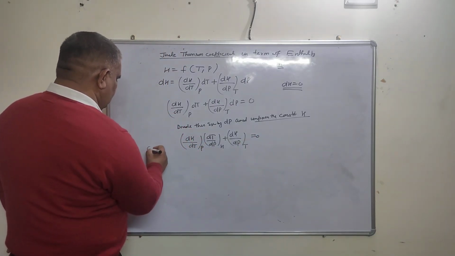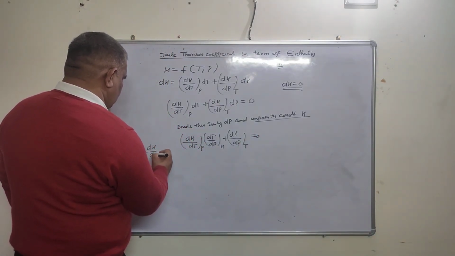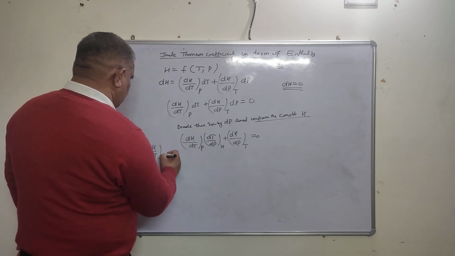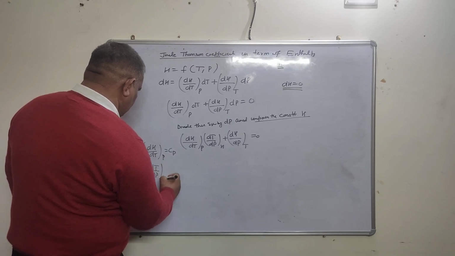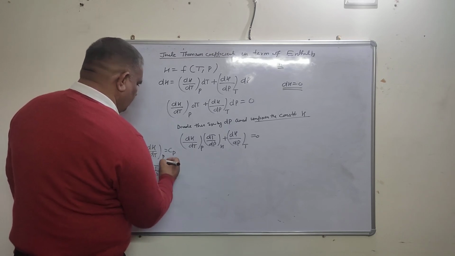And we know that dH by dT at constant pressure is equal to Cp, and dT by dP at constant enthalpy equals the Joule-Thomson coefficient.